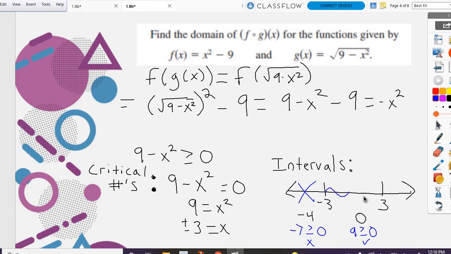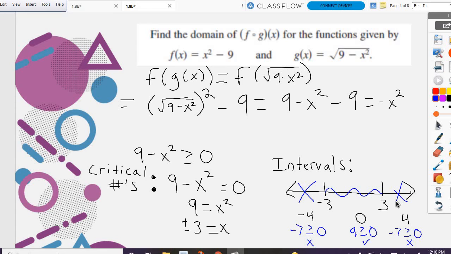Yeah, so we know that that part in the middle, I'm going to shade it in, because that would be a part of our answer. And then what would be a number that's to the right of 3? 4, and what are we going to get? Well, since it's squared, we're going to get the same thing. So it would be -7 is greater than or equal to 0, which we said was a false statement.